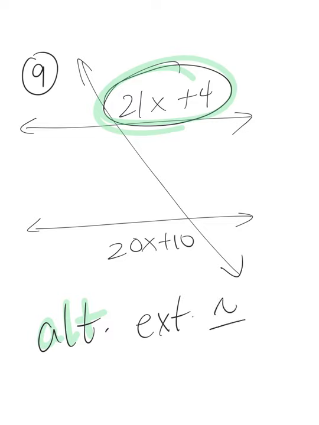Yes, because they're congruent. So again, if you couldn't tell which one was bold, it doesn't matter what you plug x in for. Since they're congruent, you set them equal to each other.